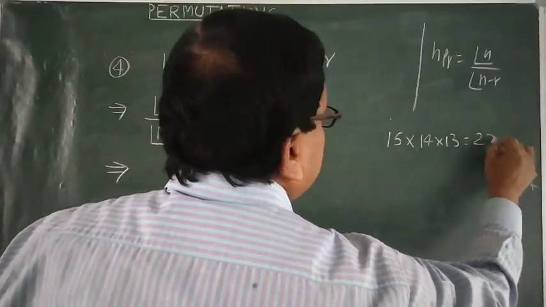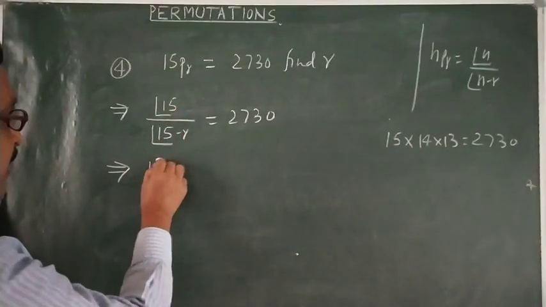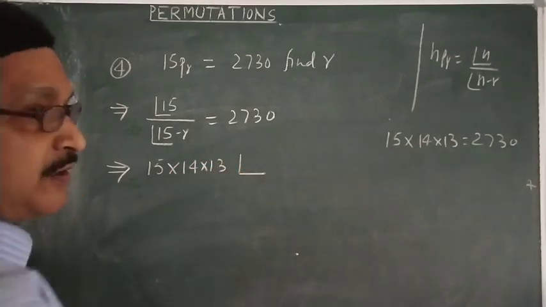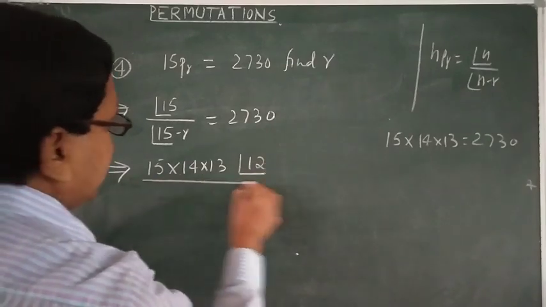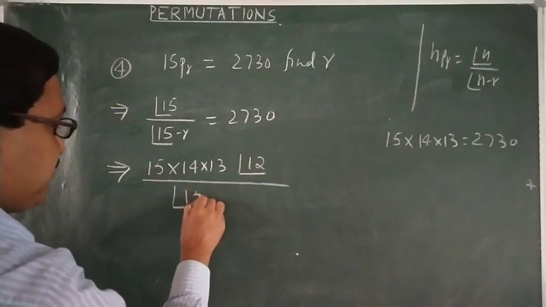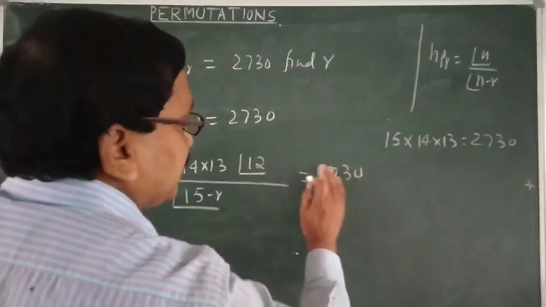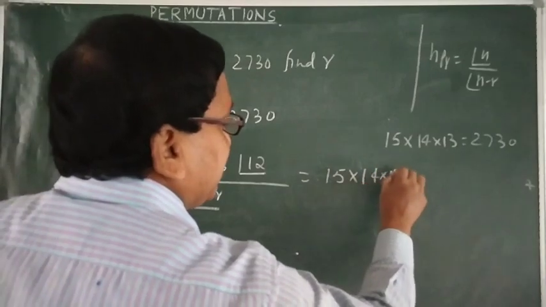So when 15, 14 and 13 are taken outside from factorial 15, we are left with factorial 12 by factorial 15 minus r, equal to 2730, which is again 15 into 14 into 13.